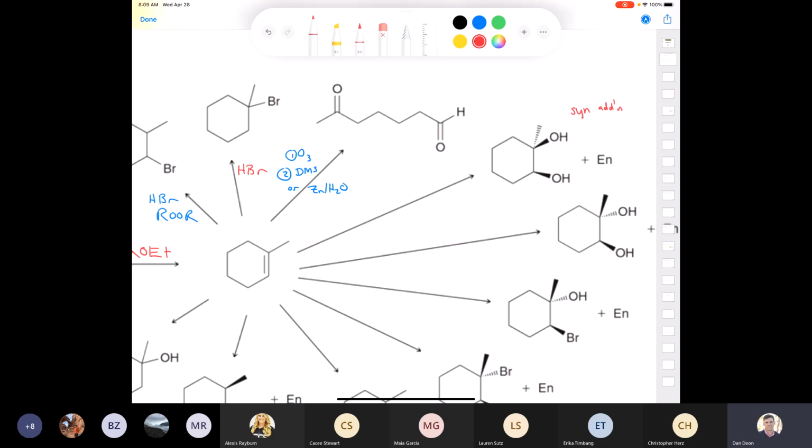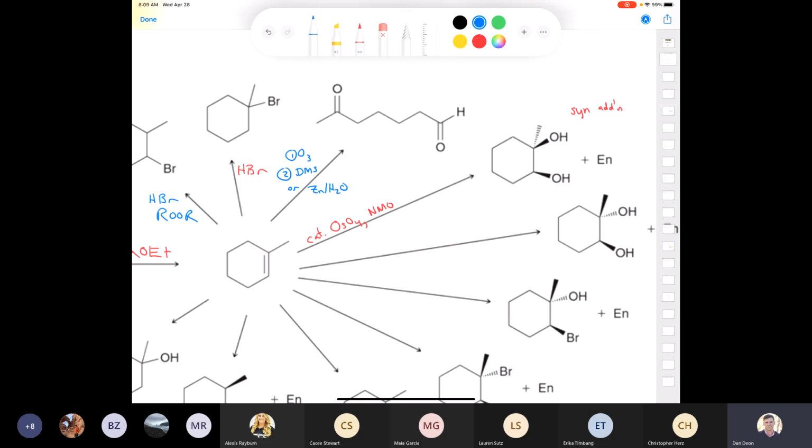But one of the most effective ways to do that, and I'm just going to put it here, is a catalytic amount of osmium tetroxide. Then we use N-methyl morpholine N-oxide, or NMO, as a co-oxidant, and I covered that in class with you. So that is probably the simplest way to do that syn addition of the two alcohols across the double bond.